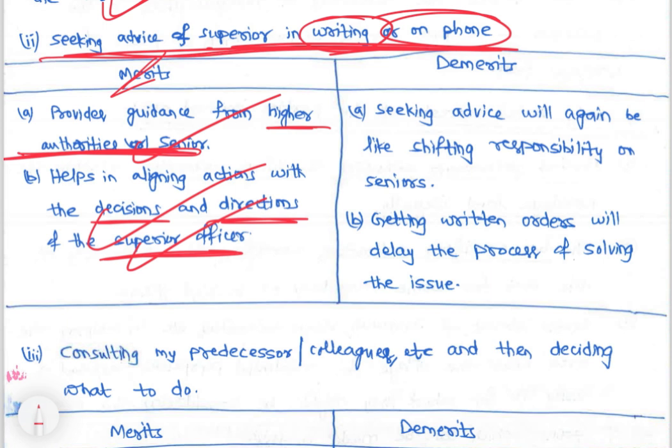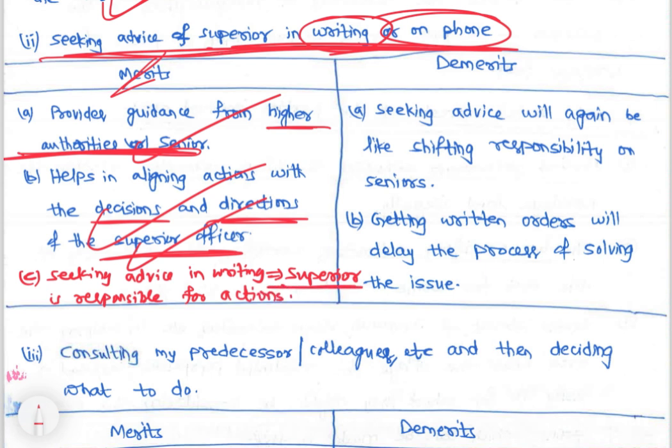Okay, then another merit which is not mentioned here, but you can also write in your notes, is seeking advice in writing. Seeking advice in writing means superior is responsible for actions, right?